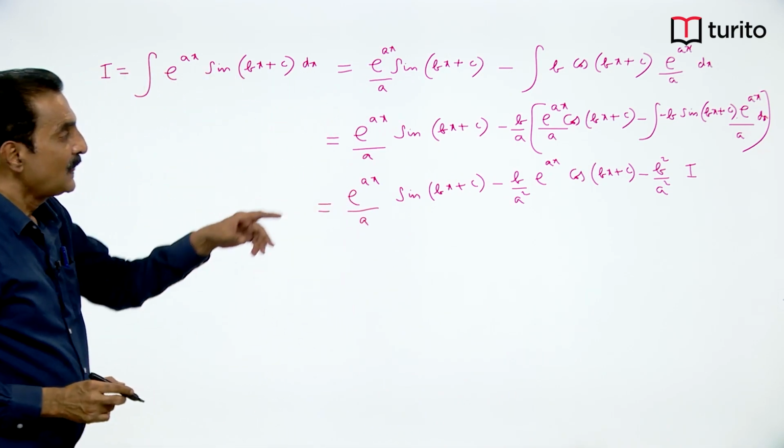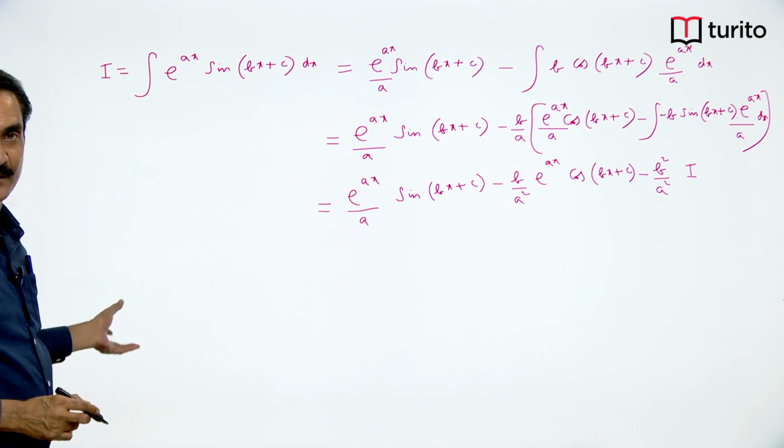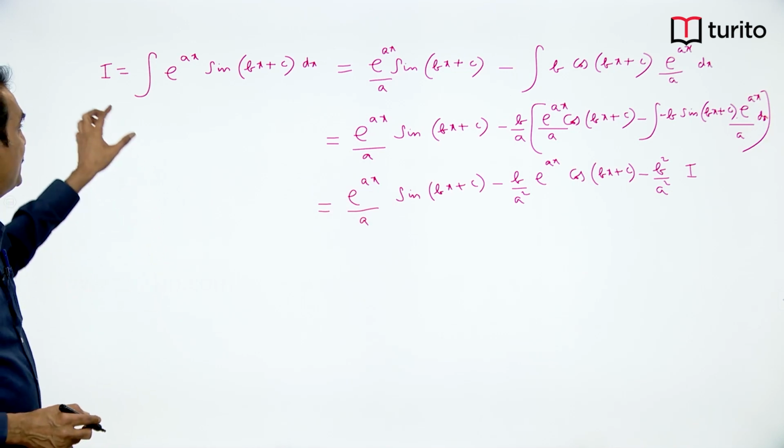Now what will you do? Take minus b²/a² into I to the left hand side.